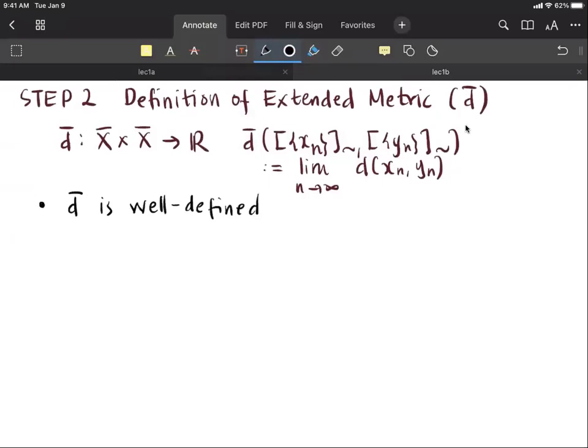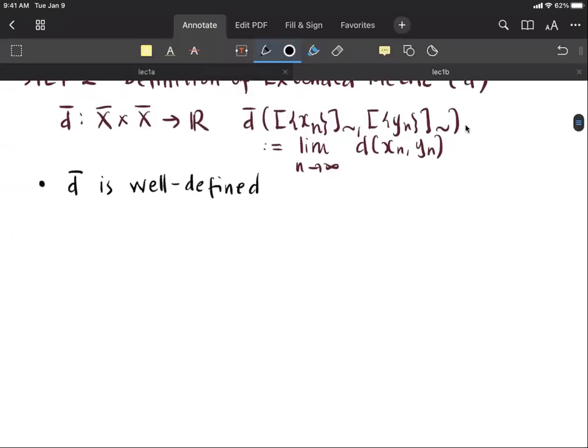Okay, to prove that it is well defined, we need to establish several things. First, we need to establish the existence of the limit. By applying the triangle inequality, we can compute the distance between xn and yn.